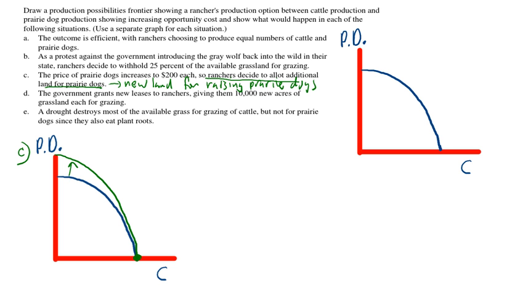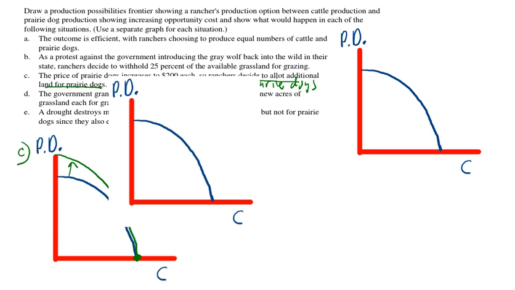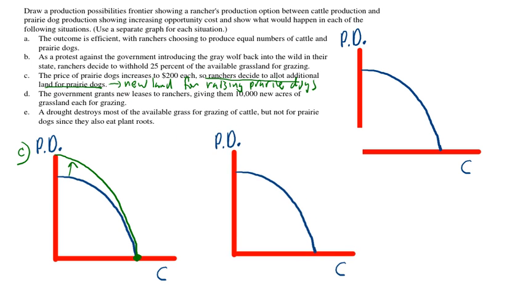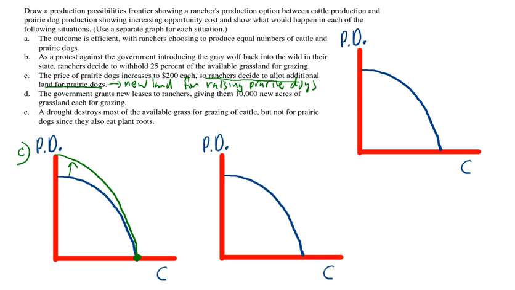All right, D is kind of similar. Hopefully, it'll help you out with your understanding of C as well. All right, let's take a look at Part D. So Part D, the government grants land.